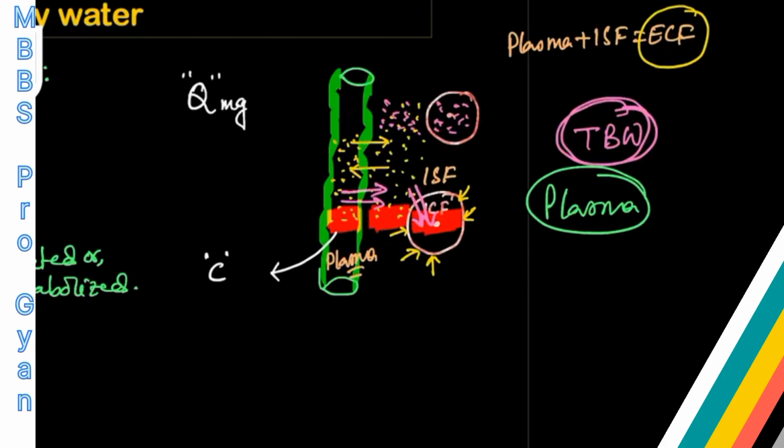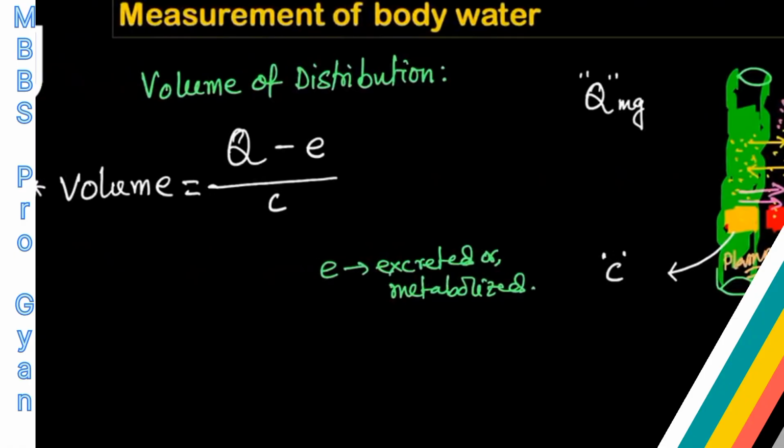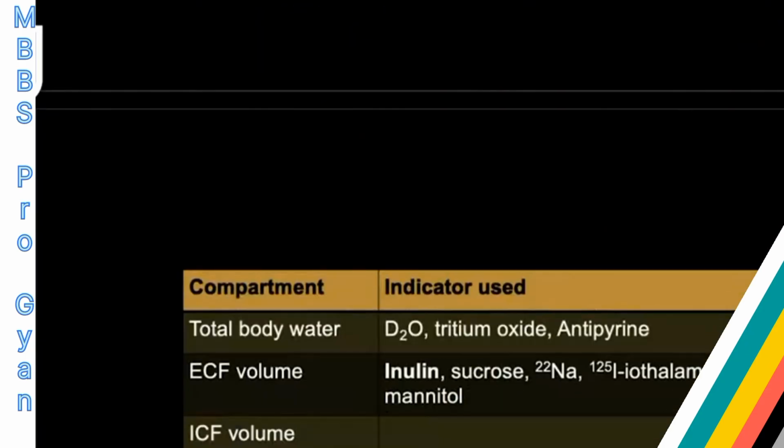So if I want to measure the plasma volume, I have to choose one substance which will remain inside the plasma only, which is impermeable to capillary as well as impermeable to cell membrane. Getting my point? So if you choose such a substance, that will remain only in the plasma, and if you apply this formula, you will be able to calculate the plasma volume.